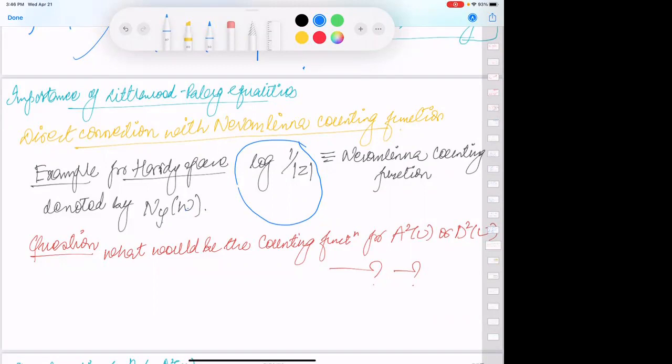I'm going to cite the book by Shapiro for greater details on this Nevanlinna counting function, from chapter 10.